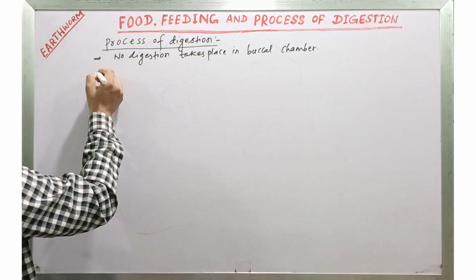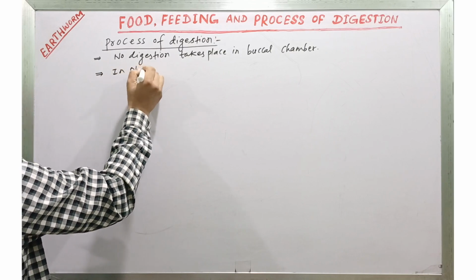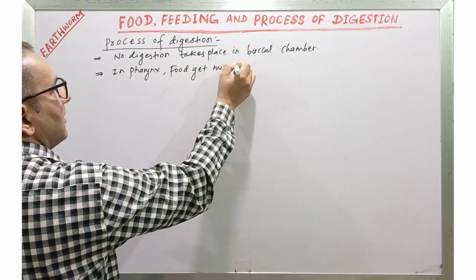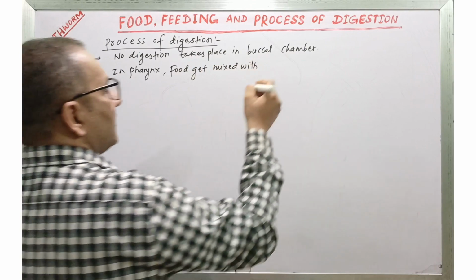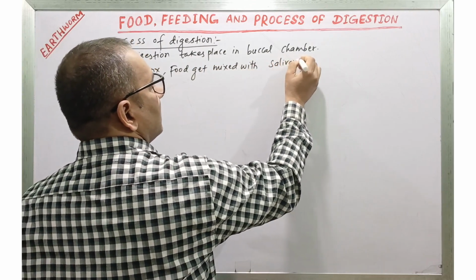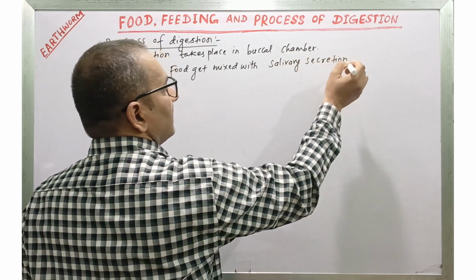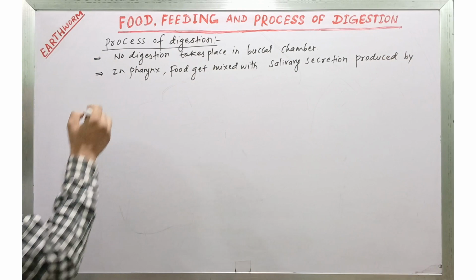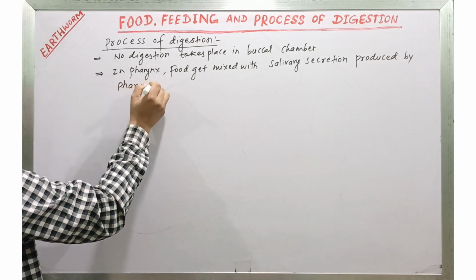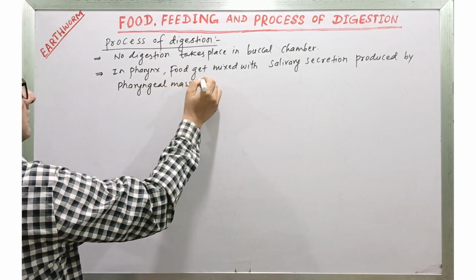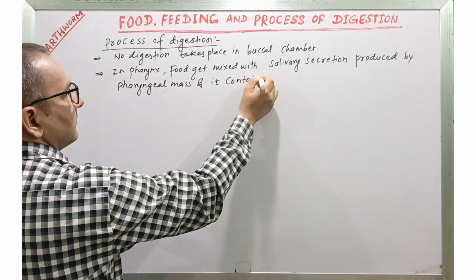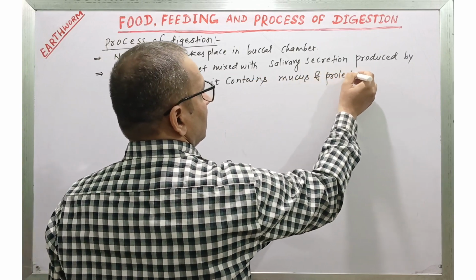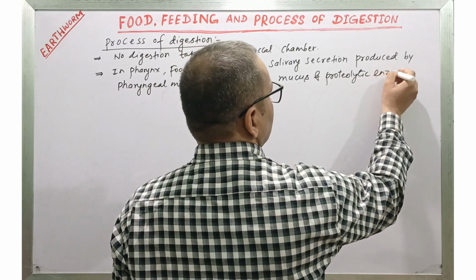Okay, now look here, in the pharynx food gets mixed with salivary secretion produced by the pharyngeal mass, and it contains mucus and proteolytic enzyme.